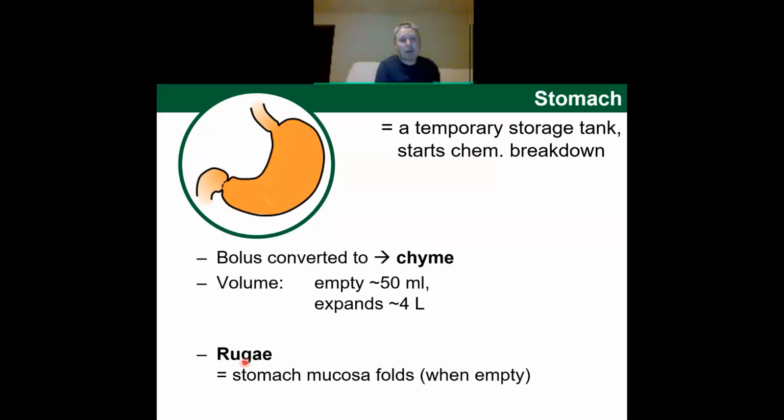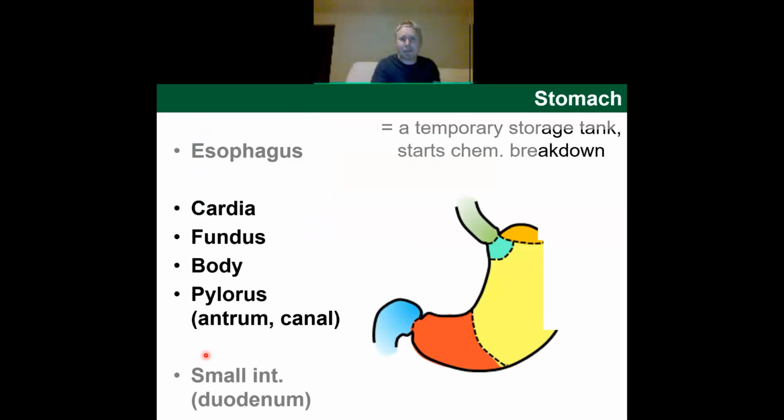And I would love to have face-to-face classes with you because I normally bring at least a fetal pig or a rat, and we dissect that and take their stomach and cut it open. Sometimes that can be a bit of a stinky surprise, but once you open that, you actually see those rugae there. Let's have a look at different parts of the stomach.